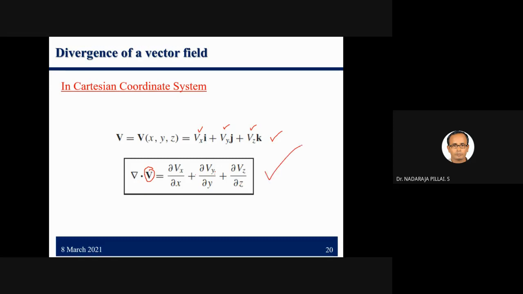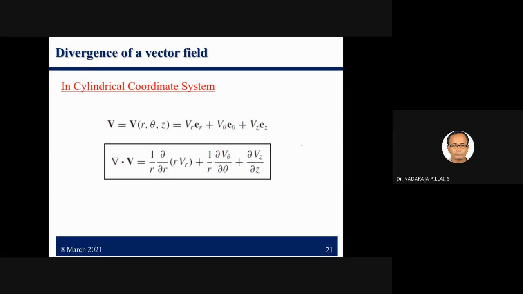Now, we can represent the same divergence in the cylindrical coordinate system. In the cylindrical coordinate system, we know r, theta, and z, and we can represent del dot V as 1 by r into dou by dou r into r Vr, plus 1 by r into dou V theta by dou theta, plus dou Vz by dou z.